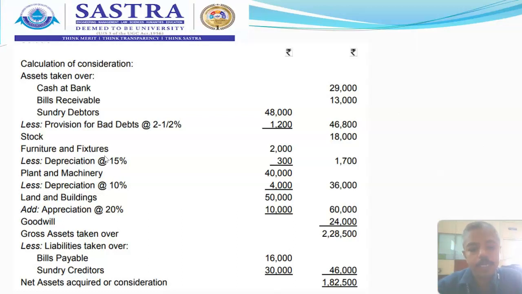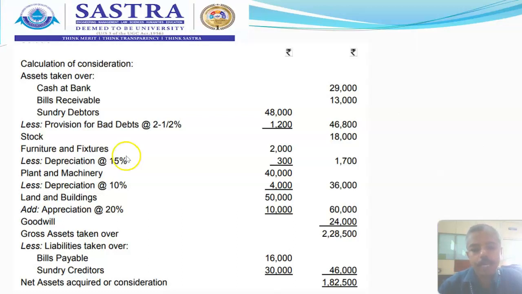Now the net assets acquired is called the purchase consideration. The total gross assets taken over is 2,28,500, less the liabilities taken over 46,000. So the purchase consideration would be 1,82,500.